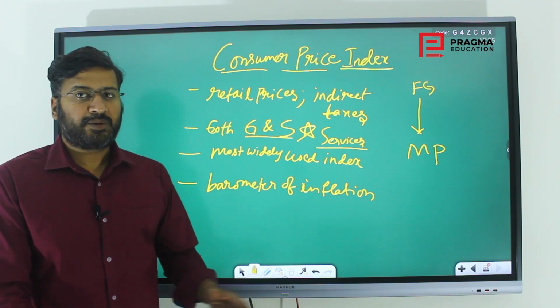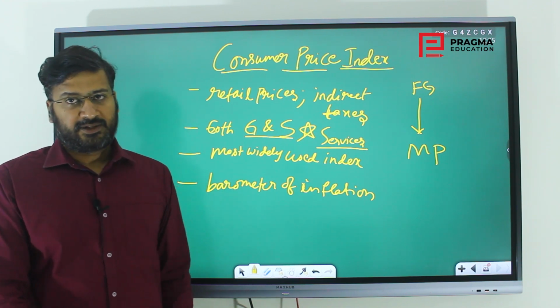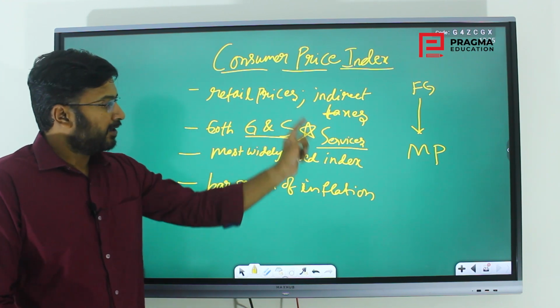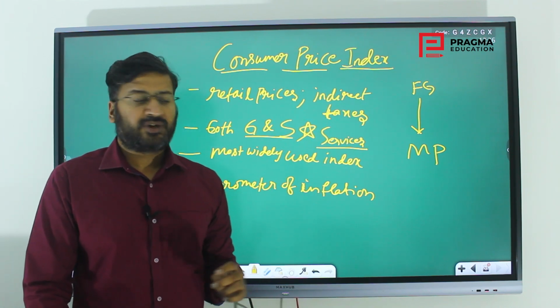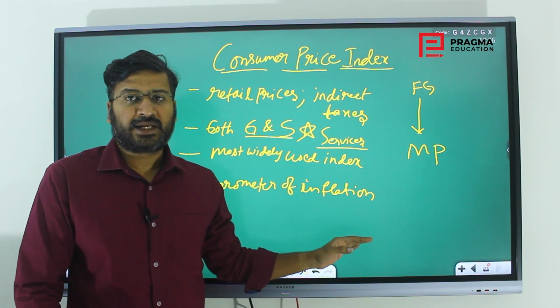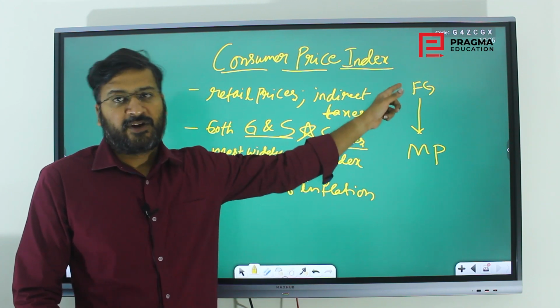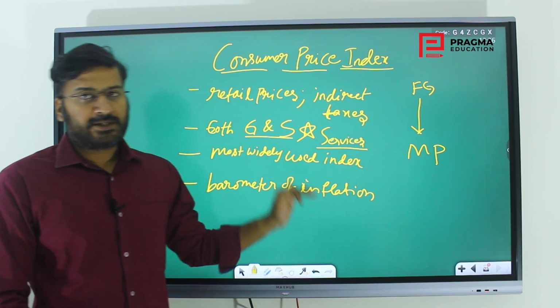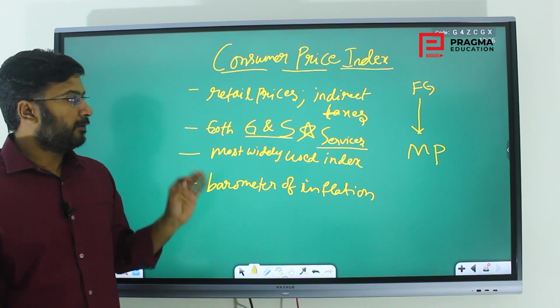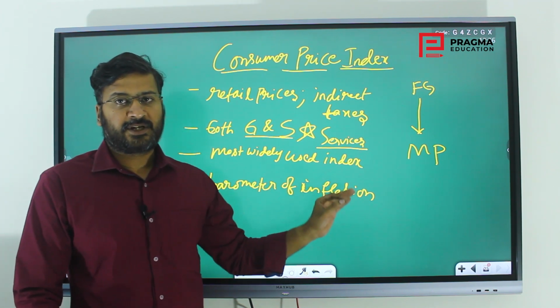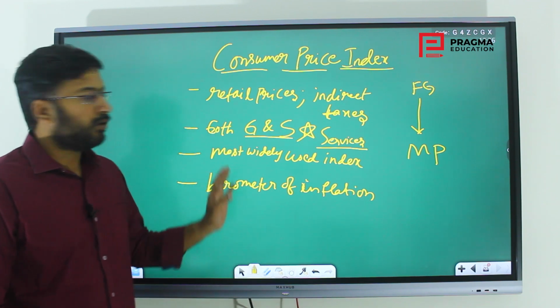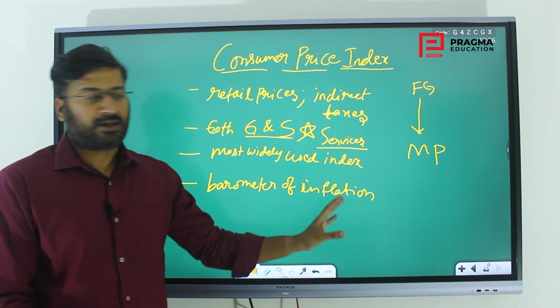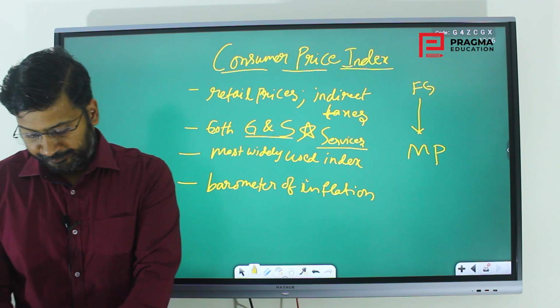That is why it cannot be the barometer of inflation in the first place. Then CPI covers services and also indirect taxes. Rates actually fluctuate in the market because demand is there in the market, not at the factory gate. So CPI is the essential index that gives a clear picture of how inflation is going in the whole economy, or in the total sectors, both goods and services.